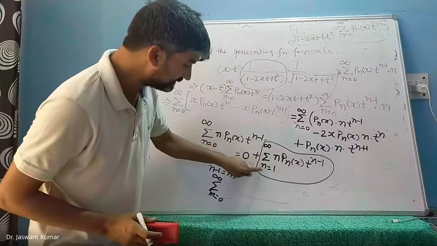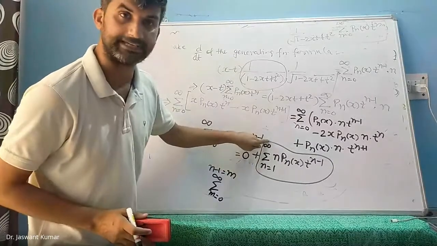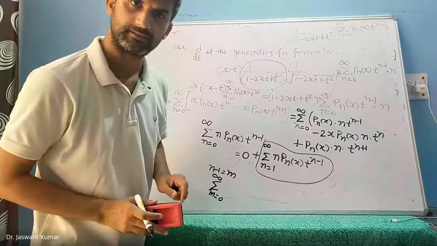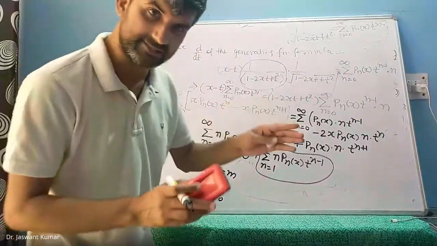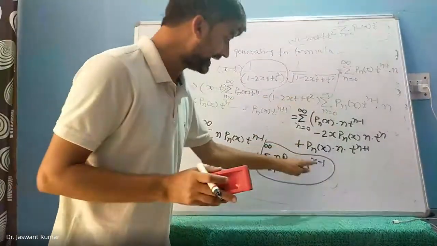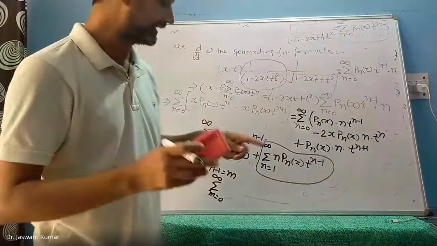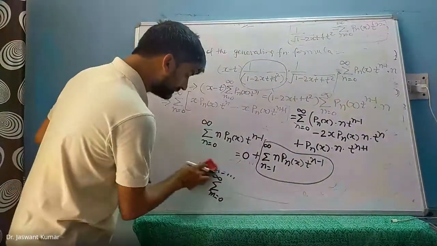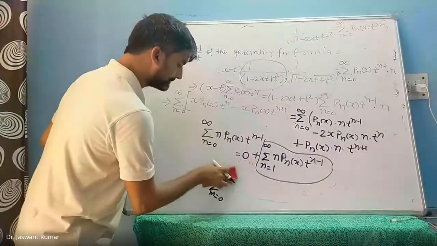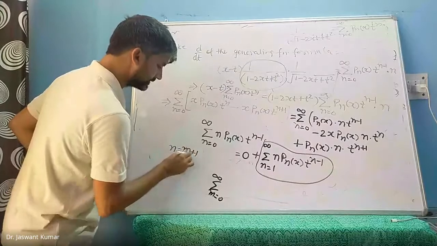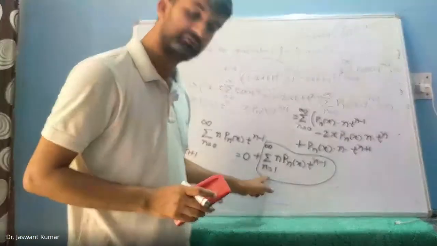So the summation was from n equal to 1 to infinity, n p n x t to the power n minus 1. Let us do a change of variable from n to m, where we take n minus 1 to be m, or n to be m plus 1. Wherever there is n, we replace it with m plus 1.